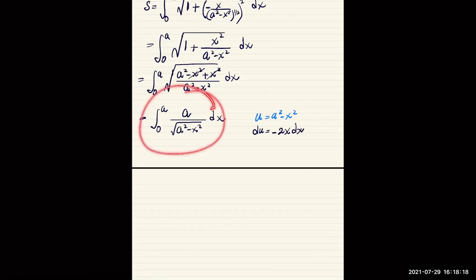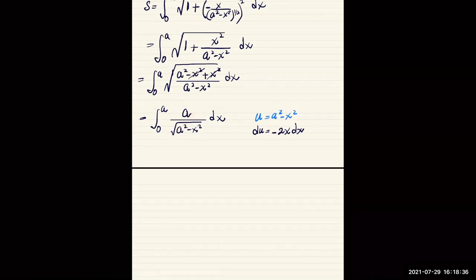This integral, the integrand, is missing an x. I can't do the substitution because I have nothing to substitute for that. If I had an x here, I would have been able to solve the integral, but I don't.